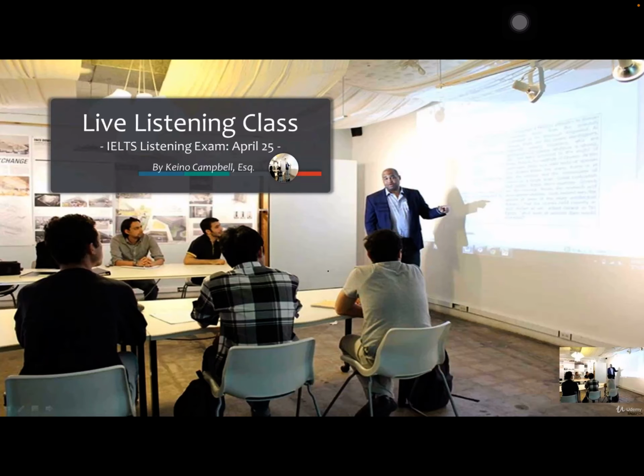I'll be going over the different types of tricks or traps that they are using to disguise or hide where the answer is, because a lot of students are not clear that the listening for the IELTS is not direct. There are certain things that they're doing to hide or disguise when the answers are said. And once you know that and you know how to spot that, then normally you'll be okay. That's really, really important to understand. All right, so let's go ahead and get started.